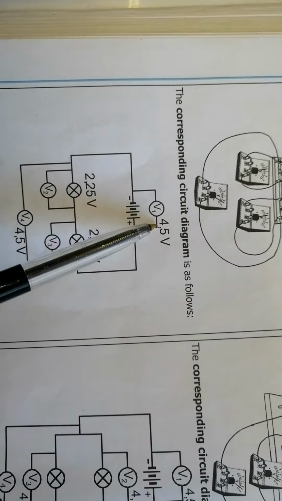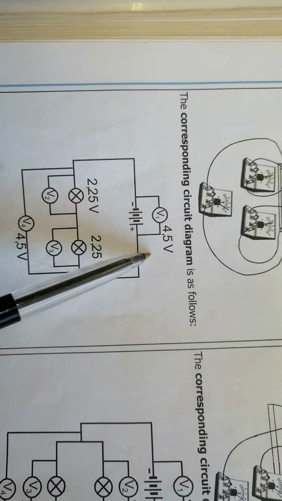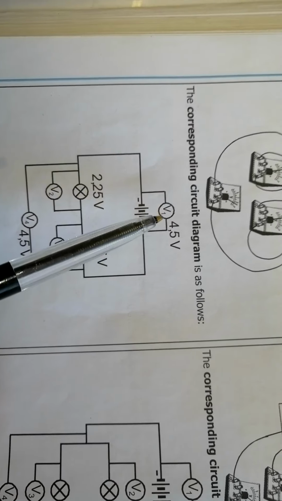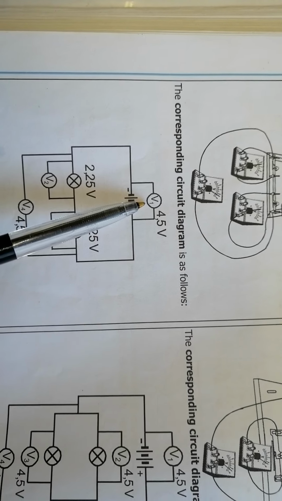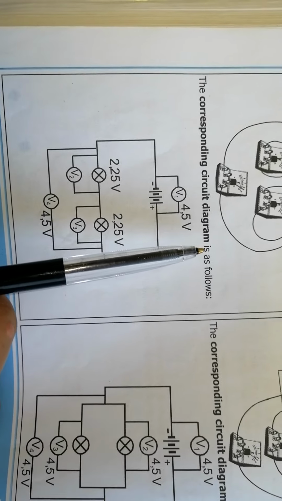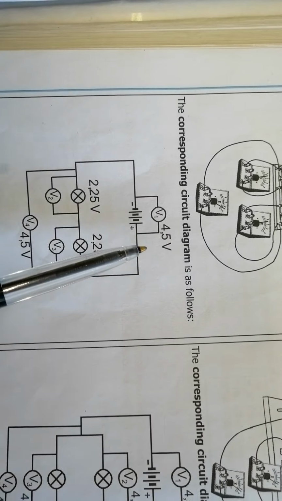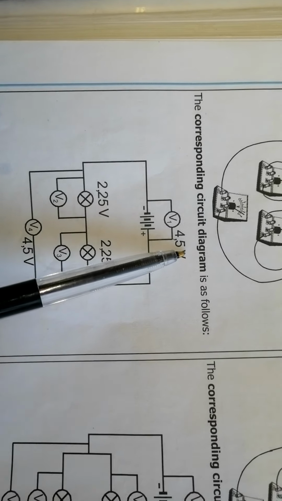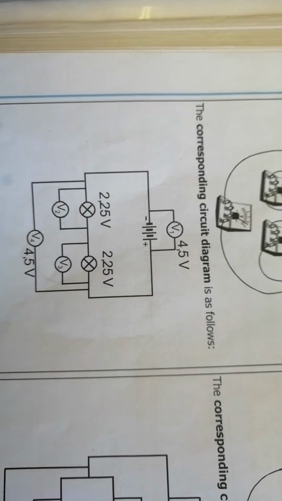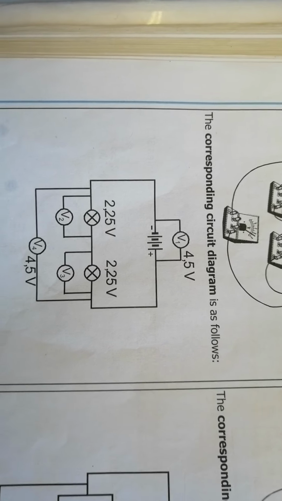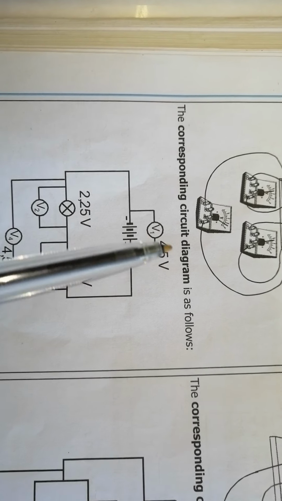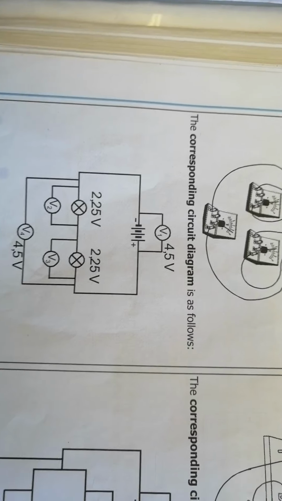Whatever voltage the voltmeter reads across the cell or battery, so here's the battery and here's the voltmeter, whatever reading this voltmeter gives you will be the total voltage for the entire circuit. Because V1 is across the battery, 4.5 volts is the entire voltage of the circuit. So anytime you see a voltmeter across a cell or battery like this, it will give you the total voltage.